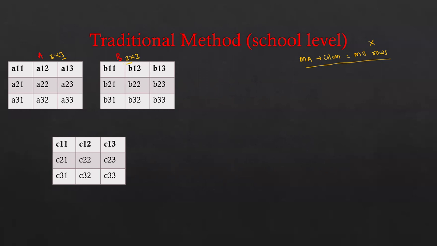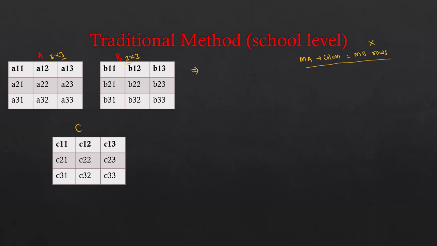So before writing the algorithm for the traditional method, I will tell you how to generate this equation, and we will find how matrix multiplication can be performed. So when I go for this 3 by 3 matrix multiplication, the resultant of this is equal to C. This is the C size. Always your matrix is not square, so this size may be different.